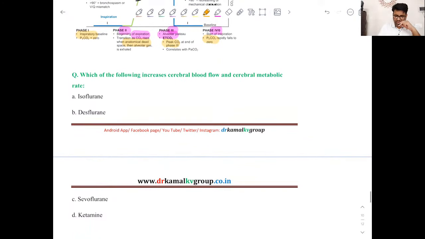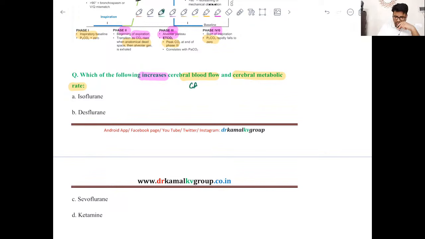Now another question from anesthetic agents. Which of the following increases cerebral blood flow and cerebral metabolic rate? Which of the following increases cerebral blood flow?